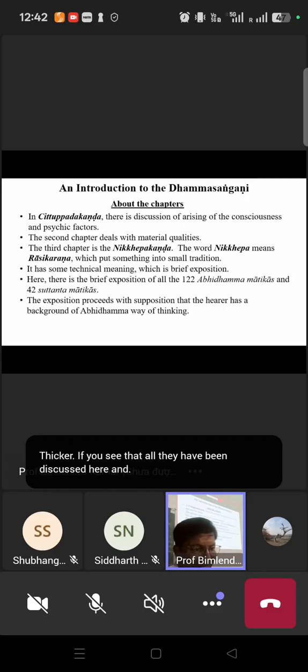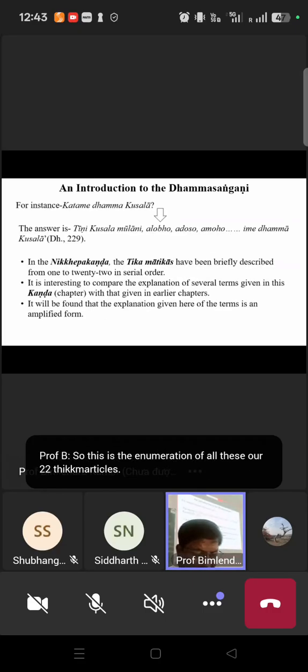Nikhepa is also in the sense of heap, rasi or aggregate, where the dhammas, like Kusala Dhamma, Akusala Dhamma, Vipaka Dhamma, or Kriya Dhamma, or Kriya Chitta, have been put in the form of a heap or aggregate, in the form of 22 Tikamatikas. So this is the enumeration of our 22 Tikamatikas. Coming to our Dukamatikas.